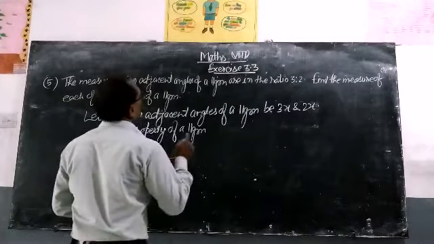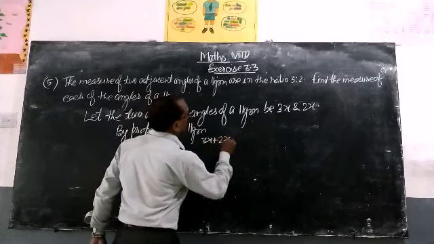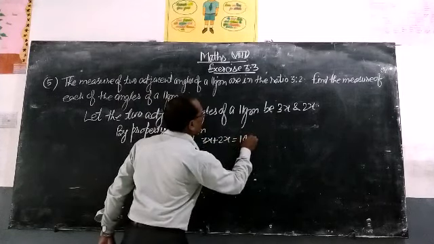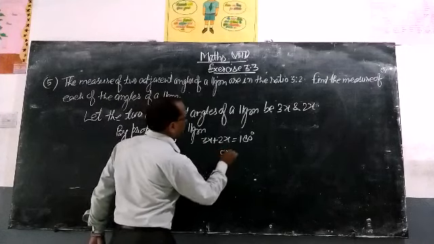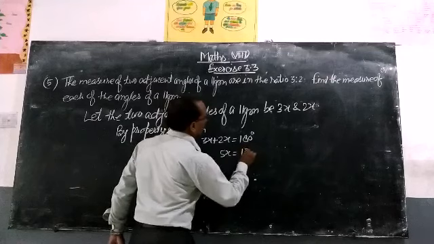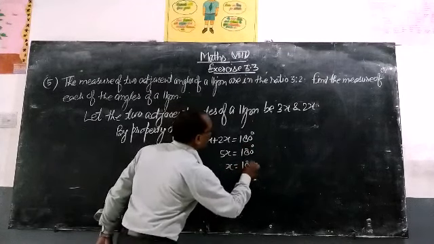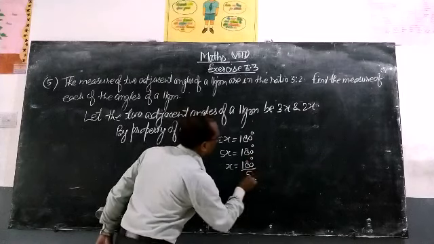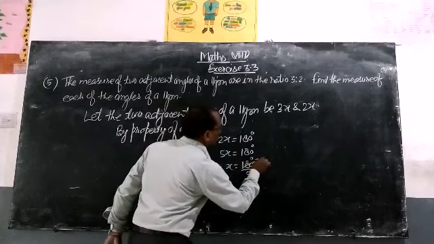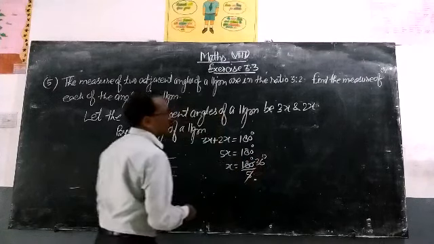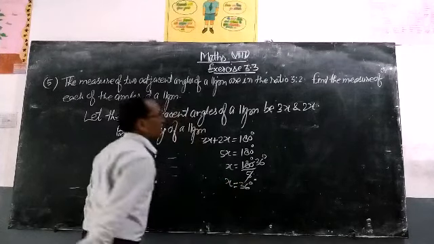This means you write 3x plus 2x is equal to 180 degrees. 3x plus 2x is equal to 5x, so 5x is equal to 180 degrees. Means x is equal to 180 degrees upon 5. When you calculate this fraction, you get 36 degrees. Means x is equal to 36 degrees.